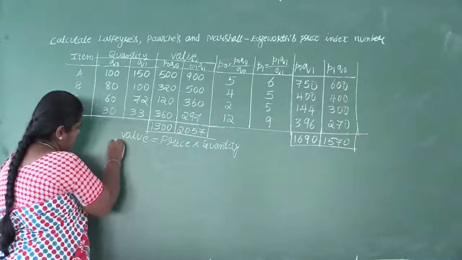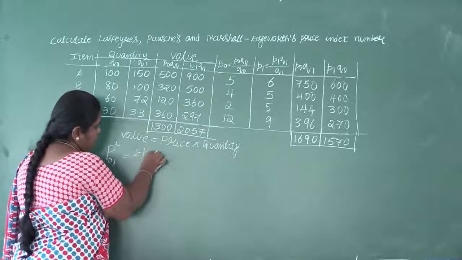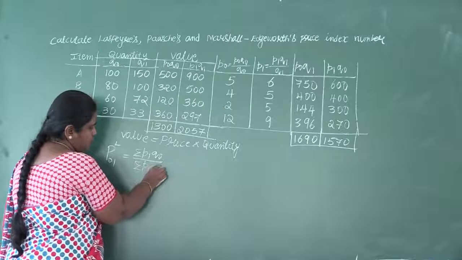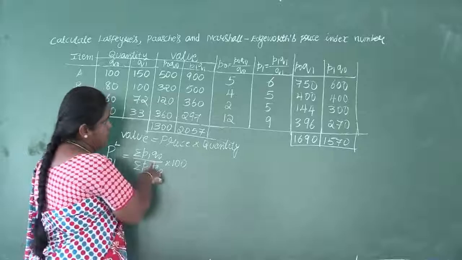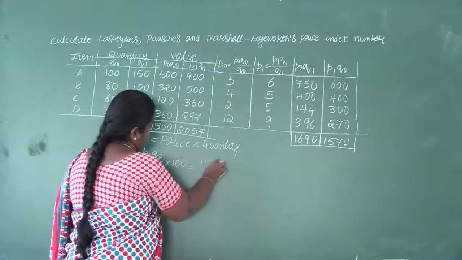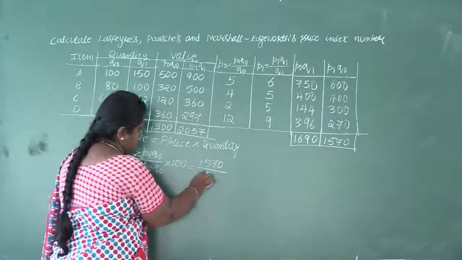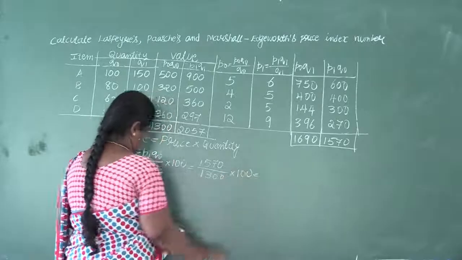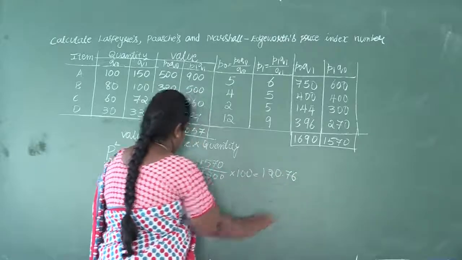So the first question in this is the Laspeyres price index number. What is the formula of the Laspeyres price index number? Sigma P1 Q0 divided by sigma P0 Q0 into 100. So what is the P1 Q0 value? 1570 divided by P0 Q0, 1300, into 100, 120.76.